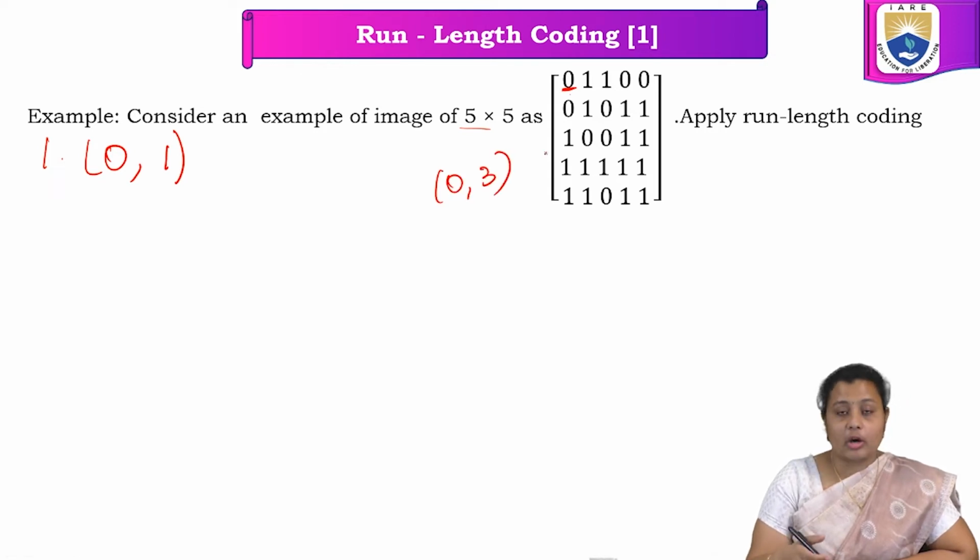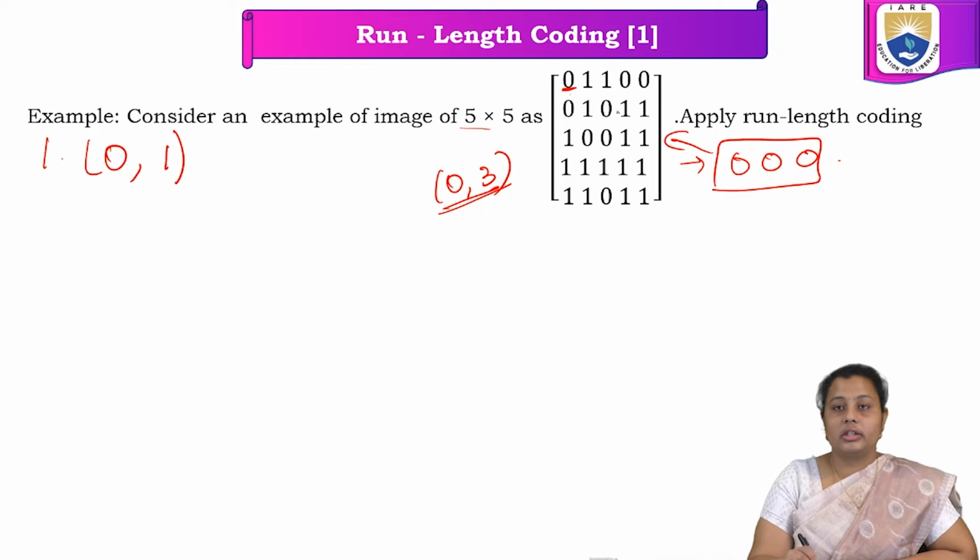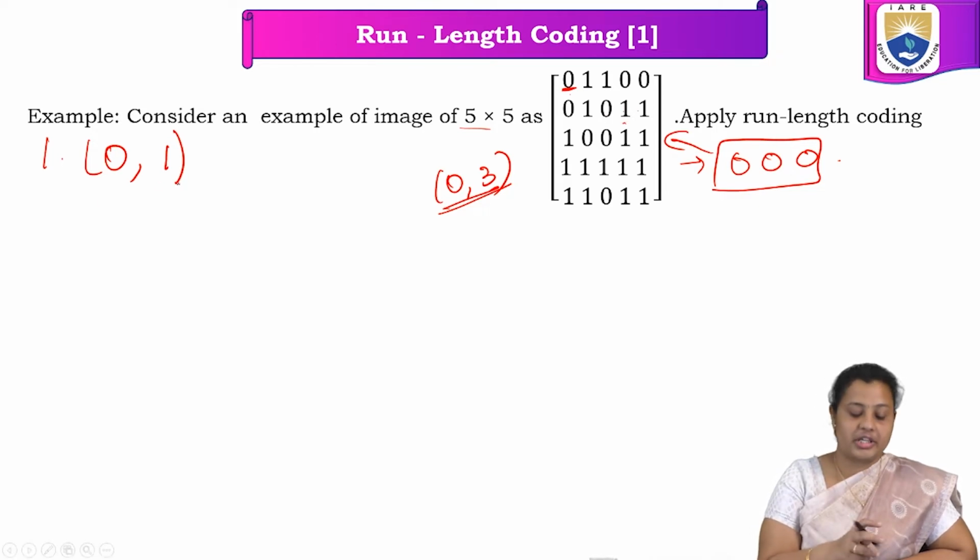We will count the number of zeros as 3. But if we write it as 0, 3, then it is implied that the zeros are continuous, so this deviates from the correct image value, right?